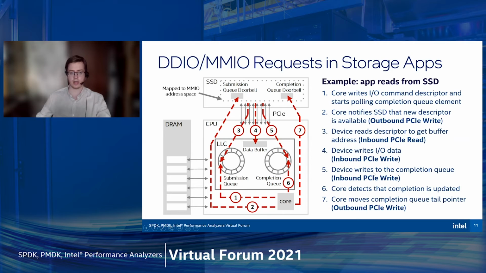And actually, it also depends on the size of the data itself, because the integrated I/O controller talks to the L3 cache with cache line granularity. So if, for example, you want to write 128 bytes, it will be broken down into 2 cache line write requests.